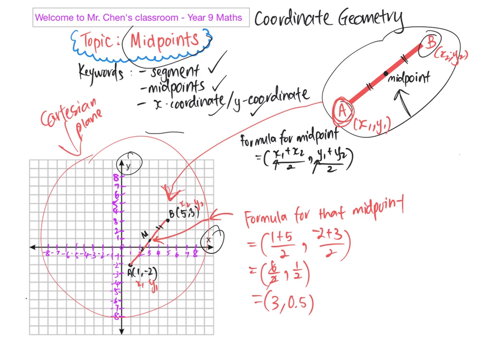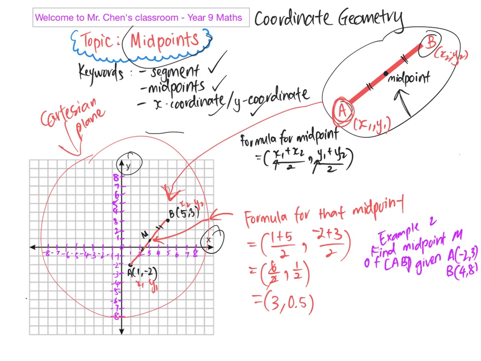Now I'm going to give you another question. Example 2: find the midpoint M of AB, given A has the coordinate of (-2, 3) and B has the coordinate of (4, 8).